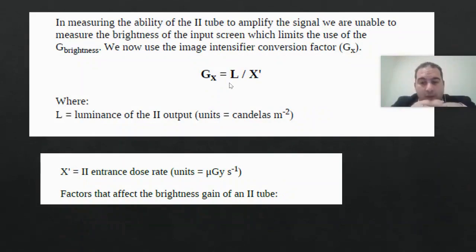By the way, the amount of luminance is measured in candela per square meter. The entrance dose, which is the dose rate, is measured in microgray per second, milligray per second, or gray per second, depending on the amount of dose present.